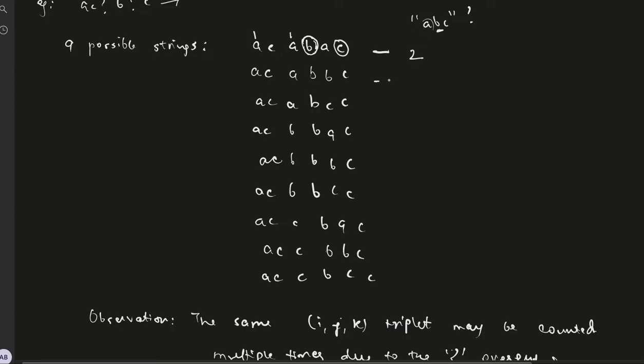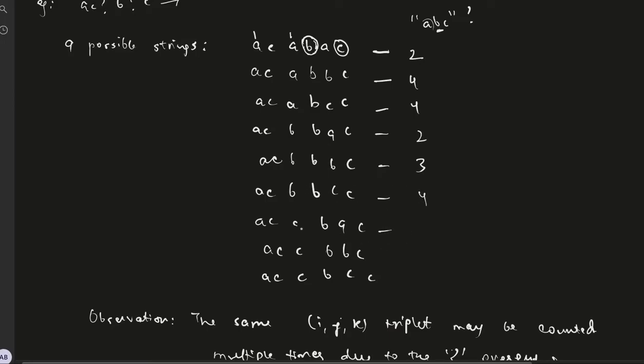So there will be two possible. In this string, we'll have 2 into 2, that is 4 possible subsequences A, B, C. Here we'll have 2 into 2, 4 again. Here we'll have 1 into 2, that is 2. Here we'll have 3. Here we'll have 2 into 2, that is 4.